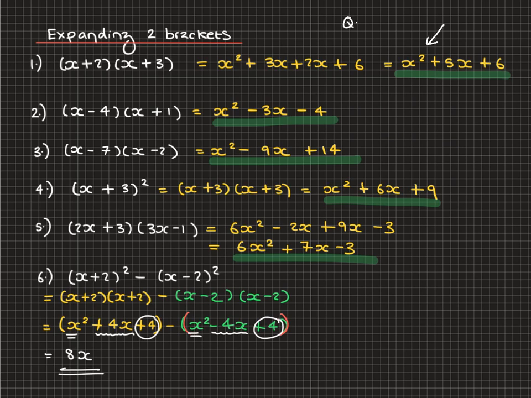Now, a quadratic expression will have as the highest power a square, so a power of 2. So you can see in this expression, for example, the highest power is x squared.